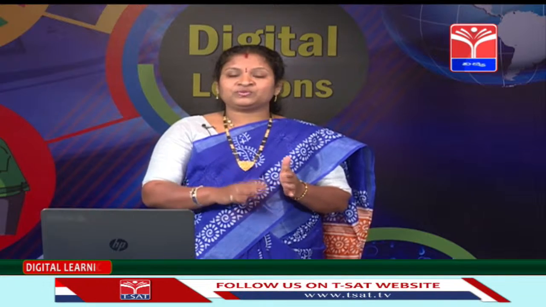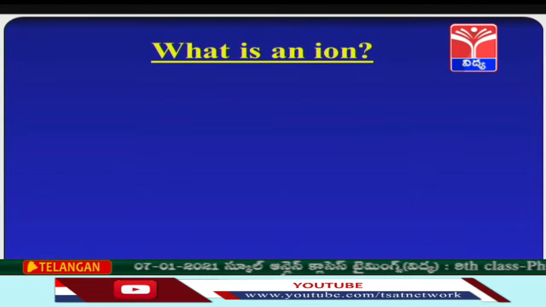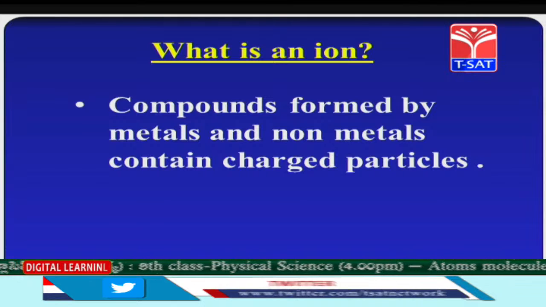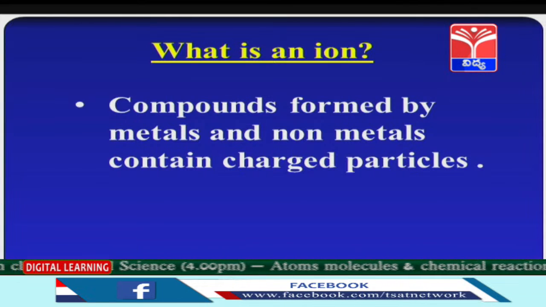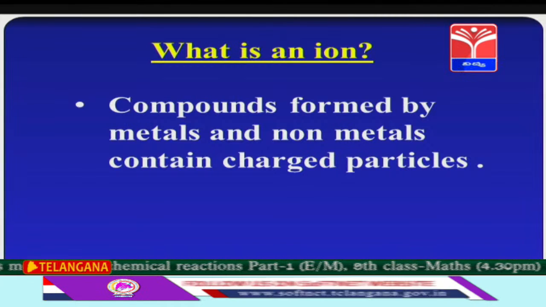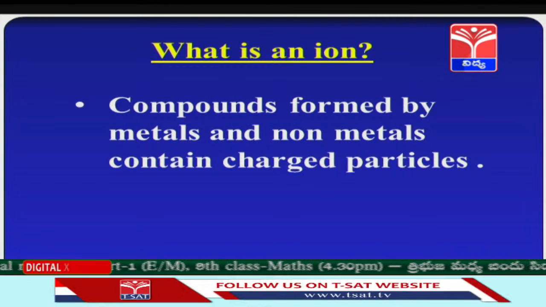When they are losing electrons, they are acquiring positive charges, and now they are not called atoms. Atoms, when they lose electrons, become positively charged ions. Children, what is an ion? The compounds formed by metals and non-metals contain charged particles. Metals lose electrons to form positively charged ions. As they are losing electrons, somebody else has to take the electrons.